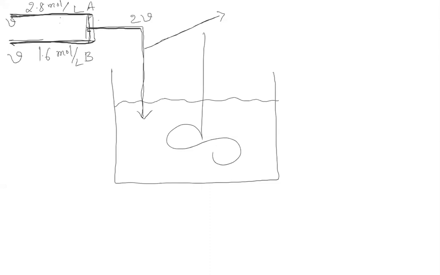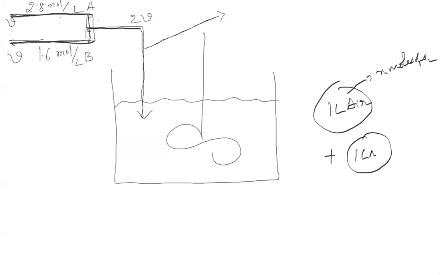Suppose the concentration of oxygen in the air is 21%. Suppose I take 1 liter of air and mix it with 1 liter of nitrogen, what will happen to the mole percentage of oxygen? Suppose I take 1 liter of air which contains X moles of oxygen. Clear? Now, if I add 1 liter of nitrogen, then what happens?